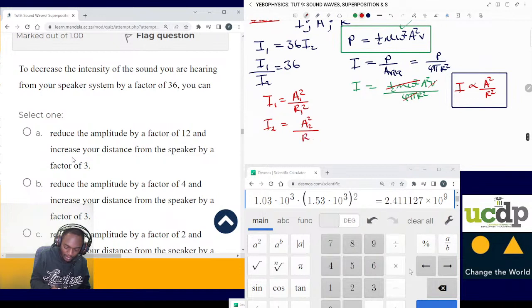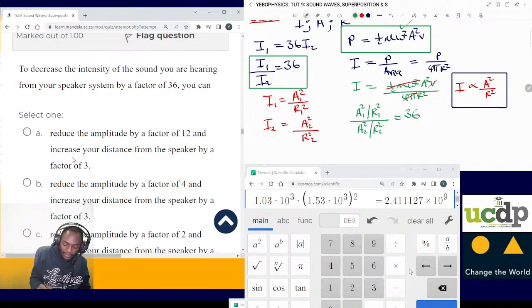Then we come back to the relationship of dividing I1 by I2 and equating to 36. So I1 over I2 is A1 squared over R1 squared, all over A2 squared over R2 squared, and we equate this to 36.